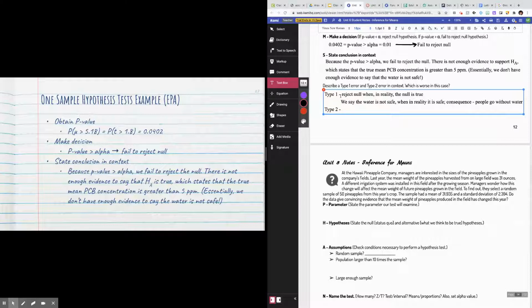A type 2 error occurs when we fail to reject the null, when in reality, the null is false, and we should have gone with HA instead.